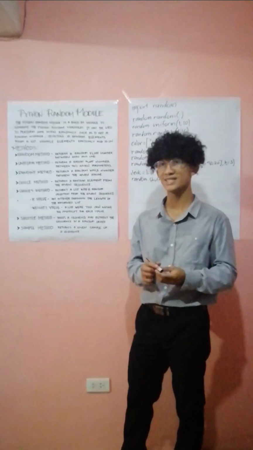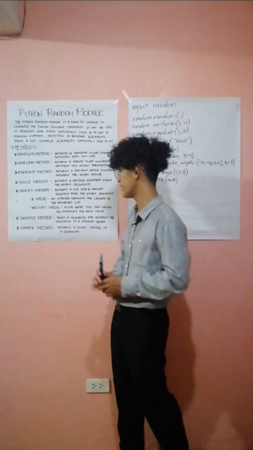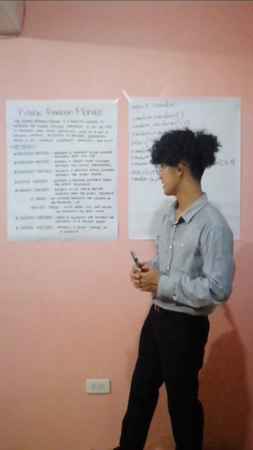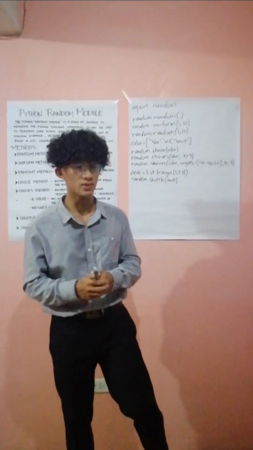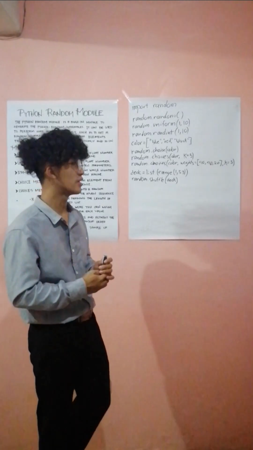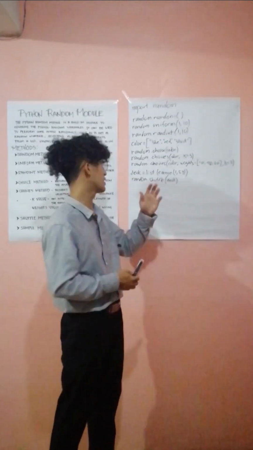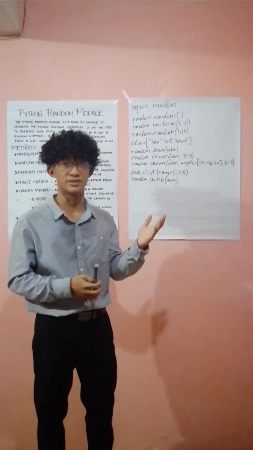And for our last method, the sample method returns a given sample of a sequence. So with the sample method, it's like you want to pick 5 cards from this deck of cards, right?